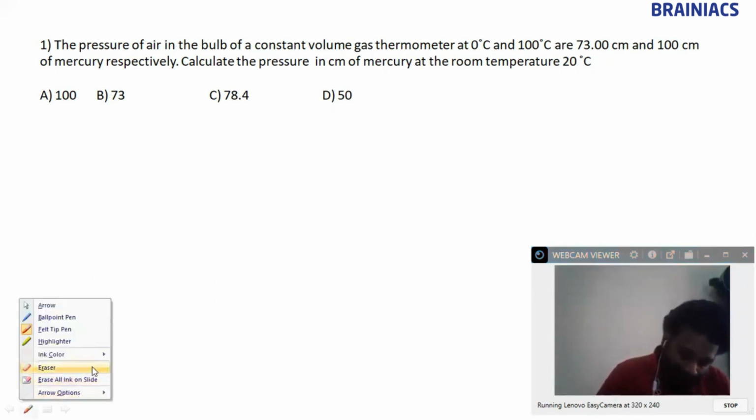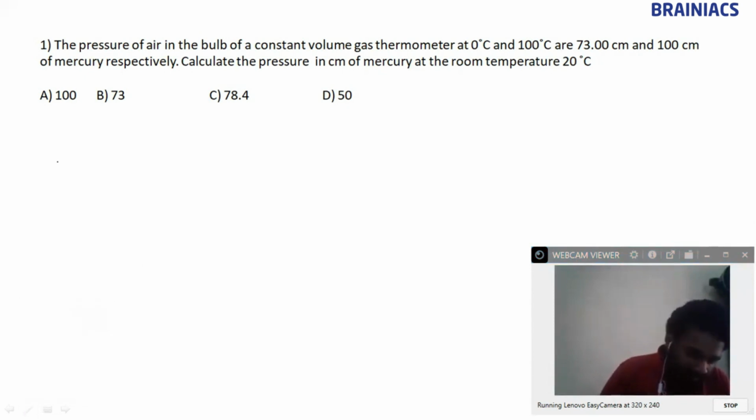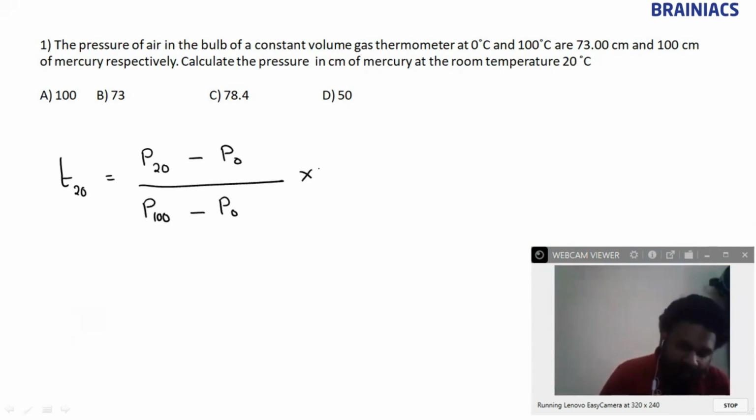So the temperature at 20 degrees Celsius is going to be the pressure at 20 degrees Celsius minus pressure at 0 degrees Celsius, divided by pressure at 100 degrees Celsius minus pressure at 0 degrees Celsius, into 100. This will be the formula that we can expect. Now this pressure at 20 is what we need to find.